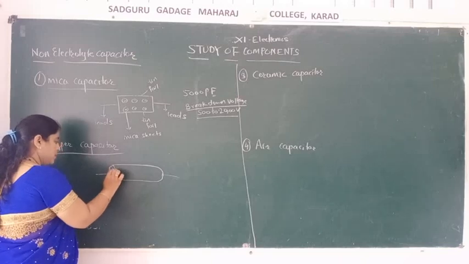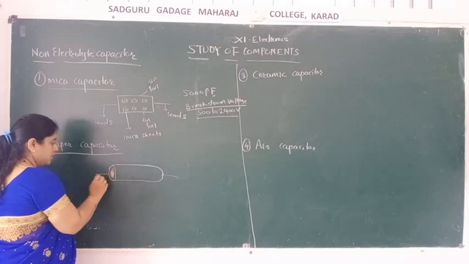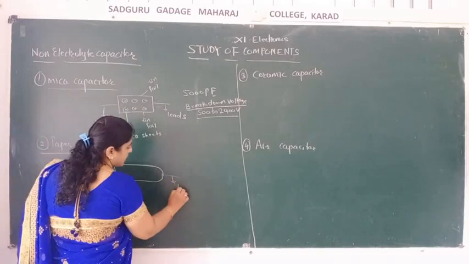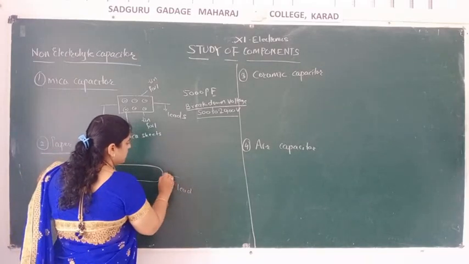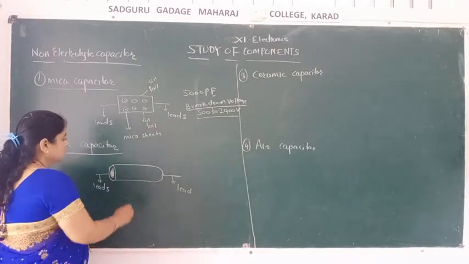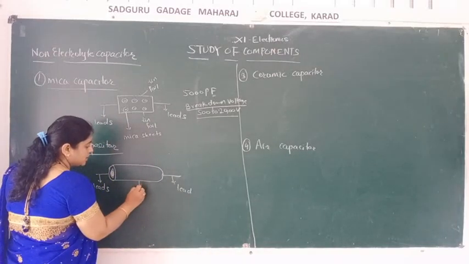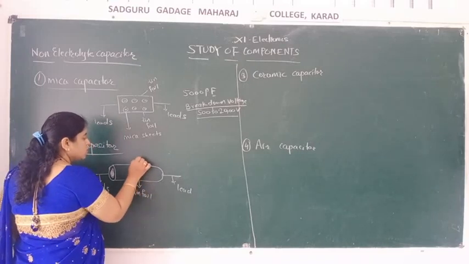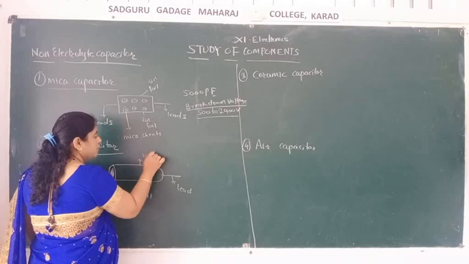One black portion is there. These are the leads. Lead means terminal. Every capacitor has two terminals. These are the conducting plates, the tin foil plates.